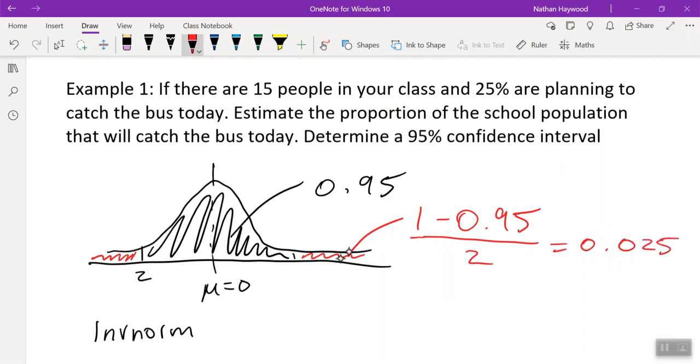So that's the area within each of those tails. I think the textbook uses the Greek letter alpha to represent this number that we calculated, if you didn't know. You guys have probably seen it before. Some people call it the fish.